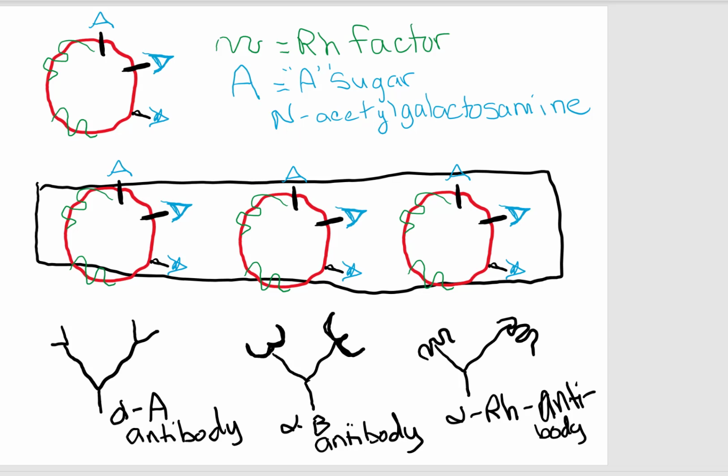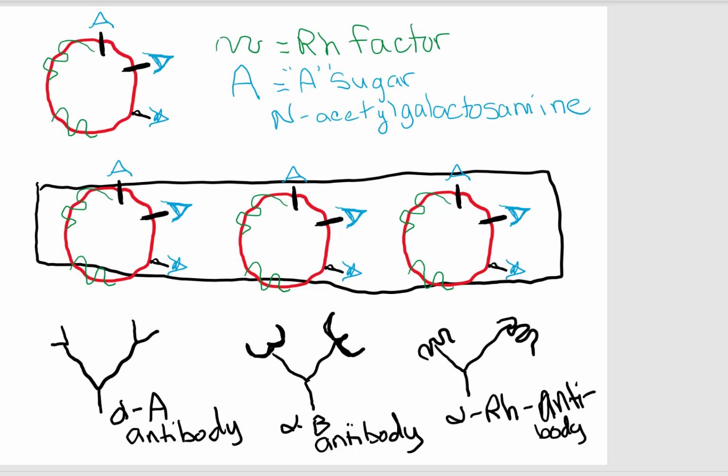Sticking through the red blood cell are black lines with a blue letter A attached to the black lines. That letter A is to represent the A sugar. If you are blood type A, you have the A sugar sticking out of your red blood cells.